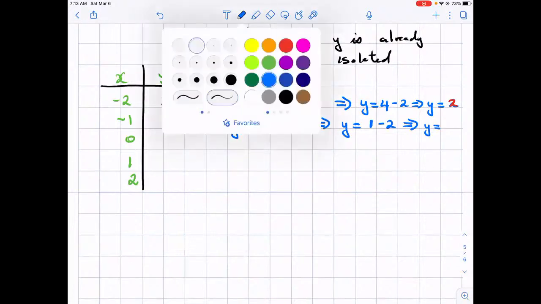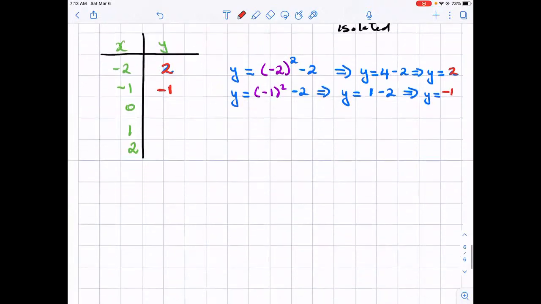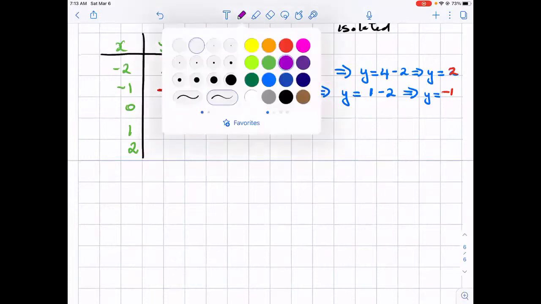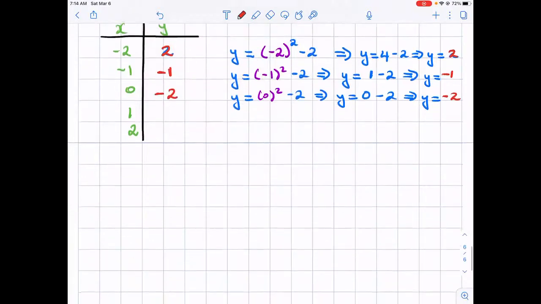So this value is minus 1. If we continue, we have y is equal to 0 squared minus 2. So that becomes y is equal to 0 minus 2, so y is equal to minus 2. Then we try 1.